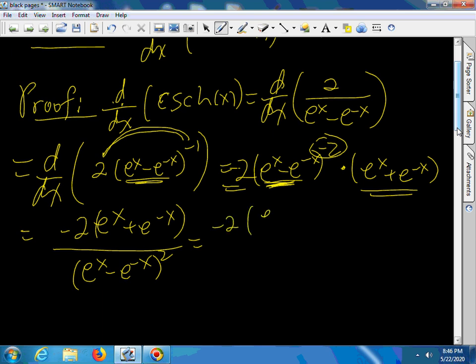You have e to the x plus e to the negative x over 2, divided by e to the x minus e to the negative x over 2, all squared.